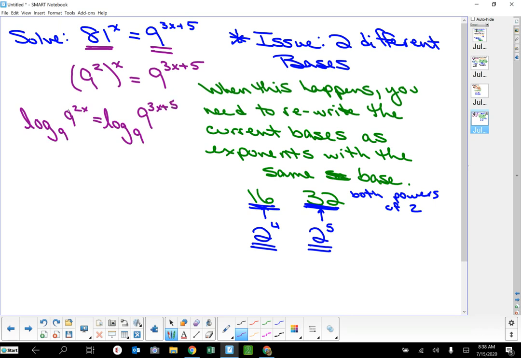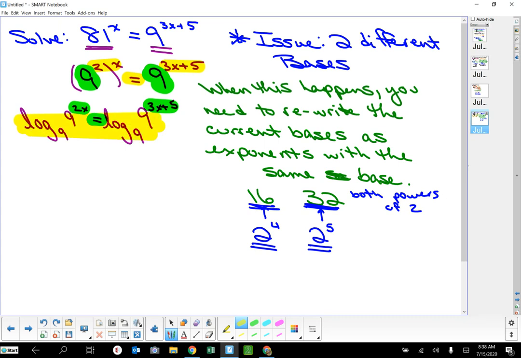And so you end up with 2x equals 3x plus 5, because all the log base 9 of 9 cancel each other out. So when your bases are the same here, you can just get rid of them and turn this into an equation. You can skip this whole step.